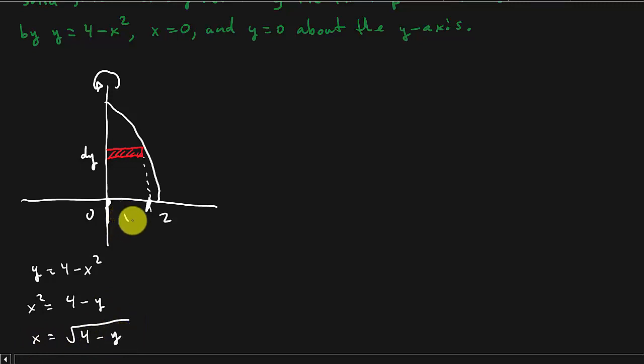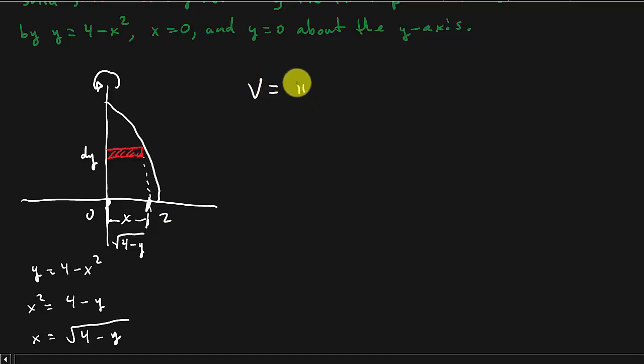See, I've got to get x, this distance here, in terms of y, because of the thickness there, dy. And yes, I know it's plus or minus, but we're using the positive one, because we're over here in the first quadrant.